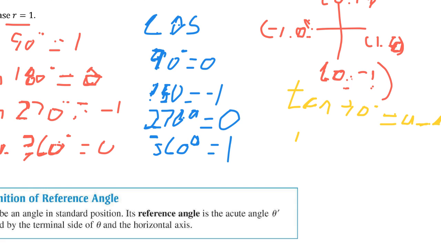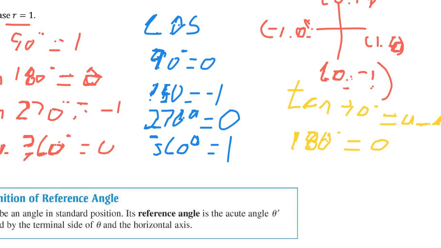Tangent of 180 degrees equals y over x, 0 over negative 1, which is 0.